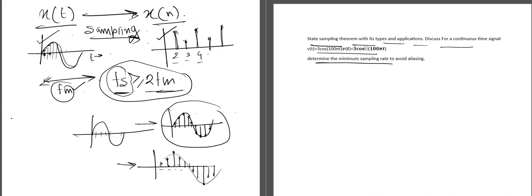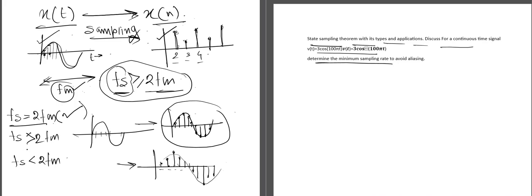One thing we need to know: this sampling rate can be equal to twice of fm, greater than twice of fm, or less than twice of fm. When the sampling rate is equal to twice of fm, we can do the signal reconstruction; there is no problem.